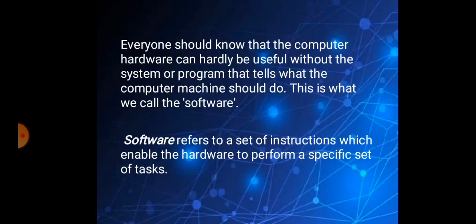This is what we call the software. The software refers to a set of instructions which enable the hardware to perform a specific task. So, hardware and software is a computer system that is divided into two categories.